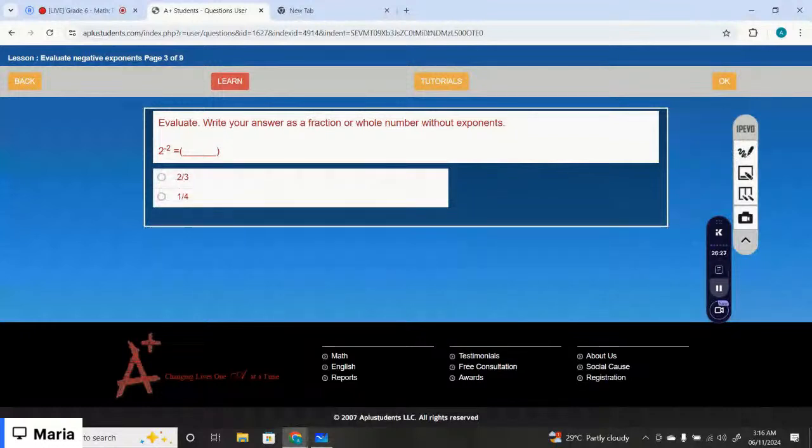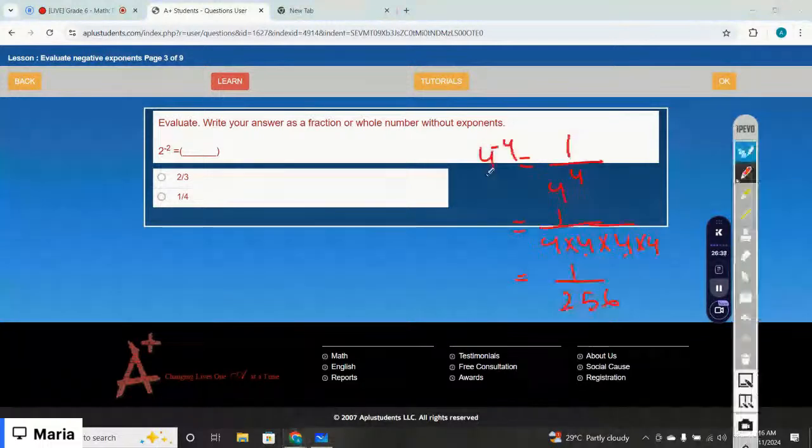Evaluate 2 exponent negative 2. So which is the correct option? So the first thing is you need to make the exponent positive. So you have to do 2 times 2, that is 1 divided by 4.